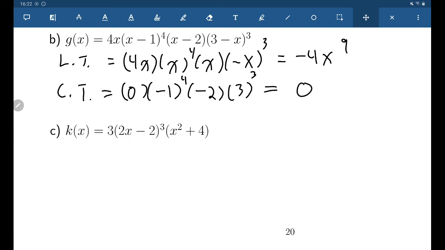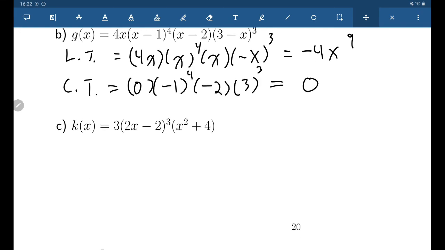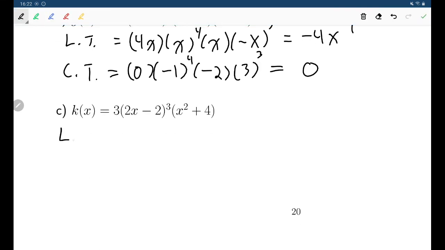And one more to do. Let's do this one, finding our leading term, multiplying together the leading terms for all of our factors. And again, we have to be a little careful here because the first factor has only one thing in it, and that is the single number 3. And 3 then would be the leading term.